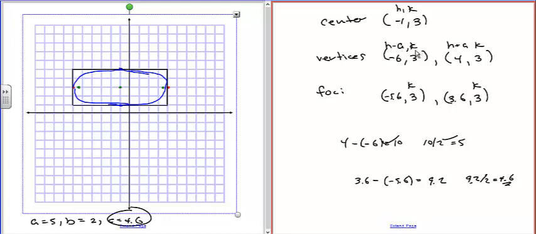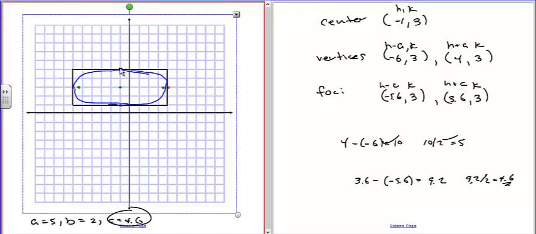If you have major axis in the y direction, then everything would be H, and then you'd have K plus or minus A here. So here we'd have H minus C and H plus C. Now they didn't ask for the coordinates of the minor axis, but you still need that to draw the box. So that is it.